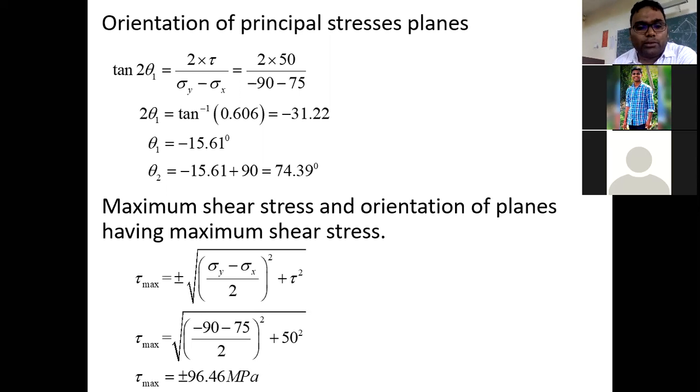Now we turn to calculate the maximum shear stress and orientation of plane.